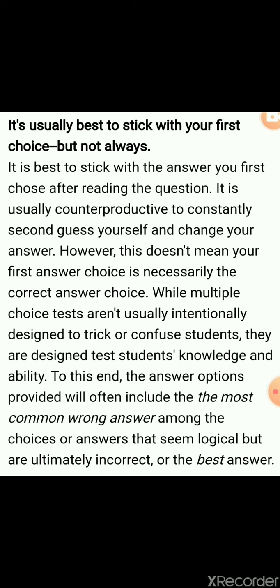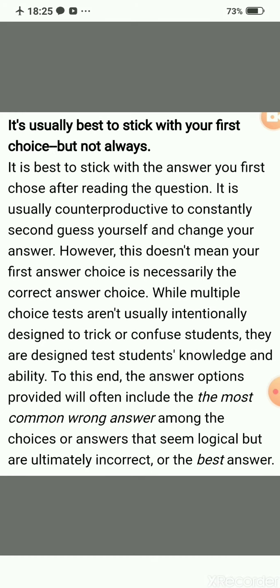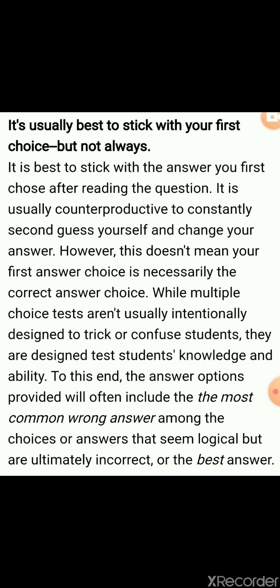So to this end, the answer options provided will often include the most common wrong answer among the choices, or answers that seem logical but are ultimately incorrect, or the best answer. Sometimes it can be observed that the answer that seemed most incorrect turns out to be the right answer at the end when we finish our process of reading.